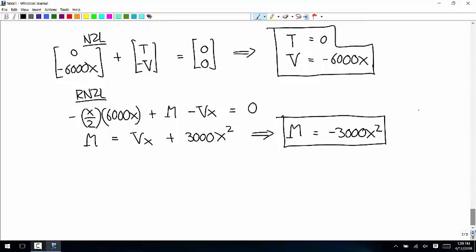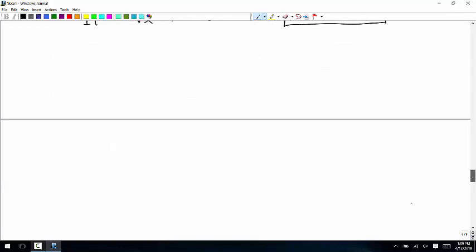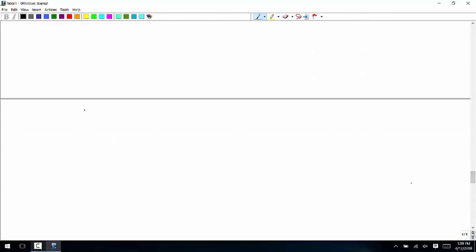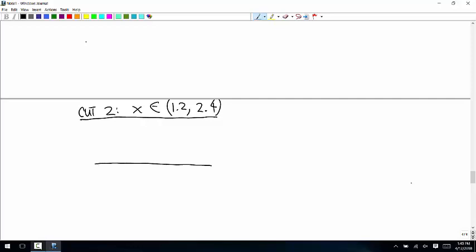And then the second cut, I'm going to do the second cut too. So you're dealing with x values from 1.2 to 2.4. So now the right end is not inside that distributed load.